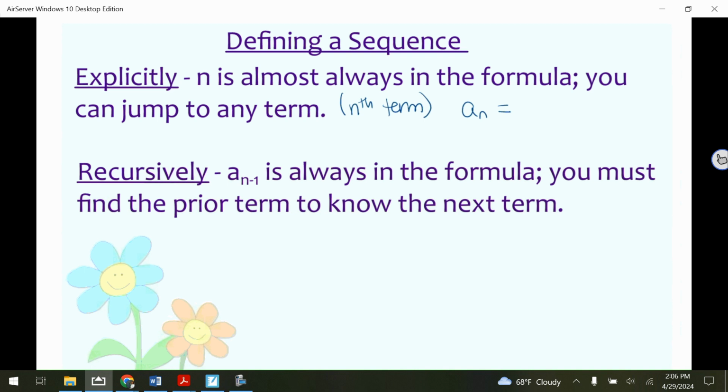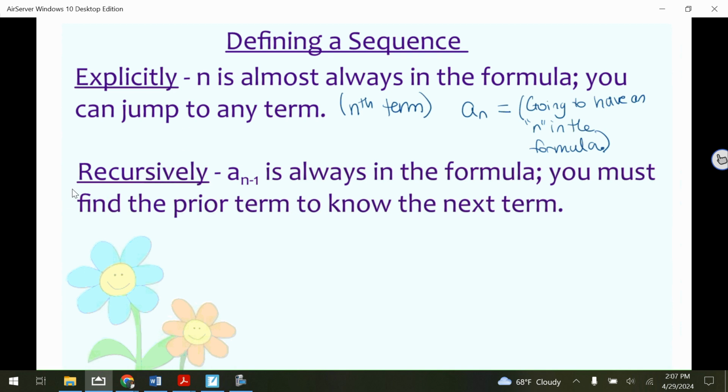And in here, it's going to have an n in the formula, and you can jump to any term. So like the 100th term, the 1000th term, you don't have to know all the terms before that.